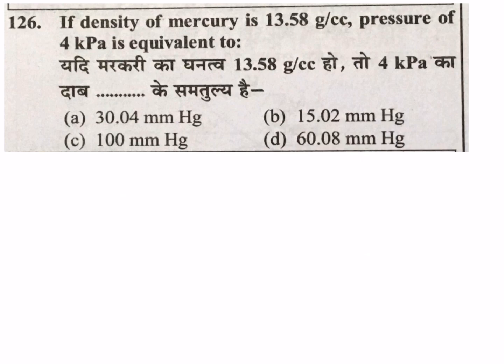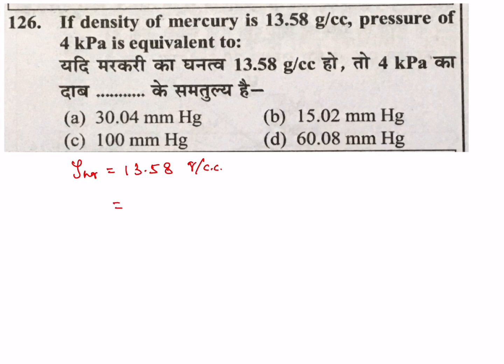Next question. If density of mercury is 13.58 gram per cubic centimeter, pressure of 4 kilopascal is equivalent to how much? So in terms of head of mercury, you have to calculate pressure. P equal to rho g h, formula we have to use here. So rho of Hg, how much is given? 13.58 gram per cubic centimeter.